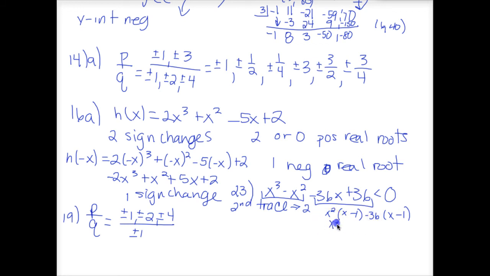So this is x squared minus 36 times x minus 1. Here's a good example of something that factors once and then factors further. This is a difference of squares, x squared minus 36 is, because they both have perfect square roots. So your factored version looks like this, which means you have zeros at negative 6, positive 6, and positive 1.